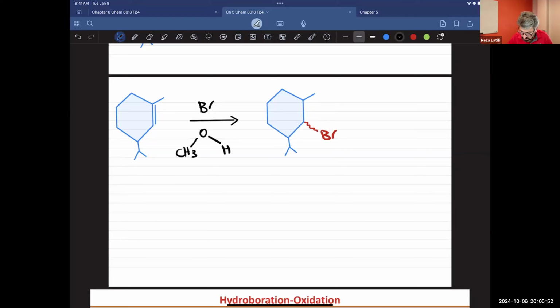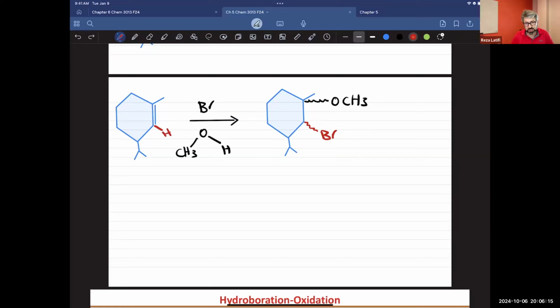And the CH3 will be attached through the carbon with more substituents. So the carbon with more substituents will have the OCH3, and the one with fewer substituents, the one that has hydrogen, will have the bromide attached to it.